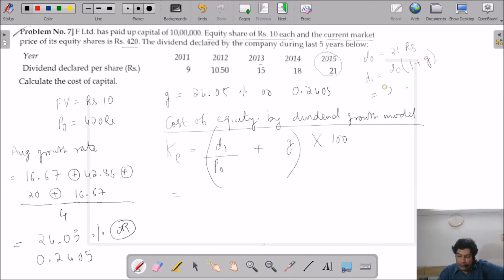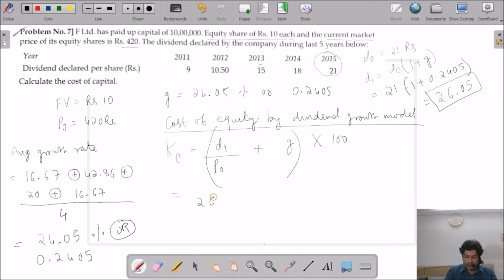So D0 is 21, 1 plus the growth rate is 1.2405, multiply by 21. So I'm going to get 26.05. This will be my D1.